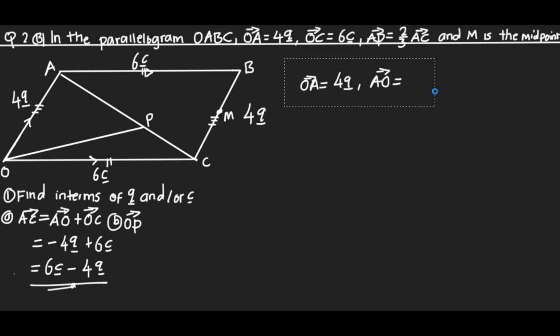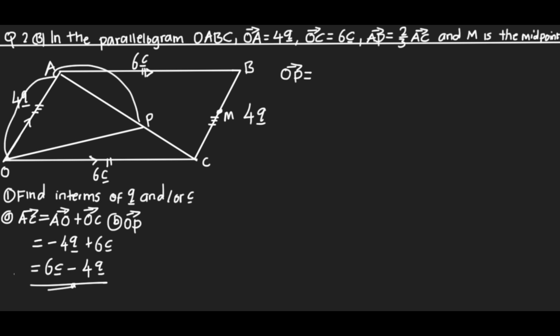So we can now move on to question B. Under question B, we want to find the vector OP. So from O to P, we can use OA plus AP. So what is the vector OA?